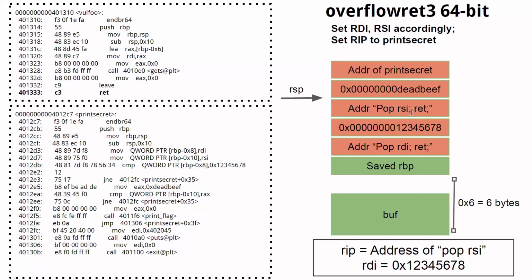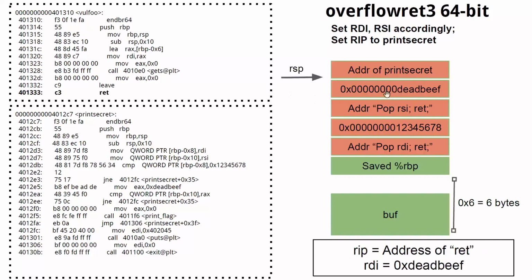So the next instruction to be executed is the pop RSI. And the pop RSI will pop whatever is on the stack into RSI. And so we put dead beef here. Then after that pop, the RSP moves up, and we are going to execute the return instruction.